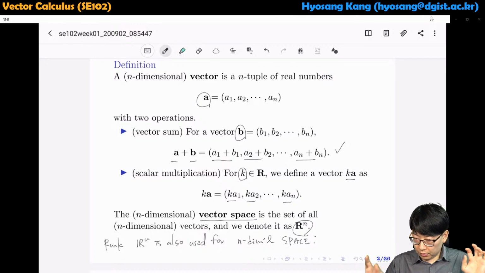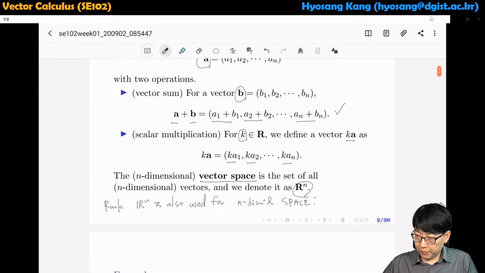So Rn is used for both n-dimensional vector space and n-dimensional space. If the notation is confusing in some context, we have to specify whether it means the vector space or the space. If it comes up, I will clarify what this Rn means.